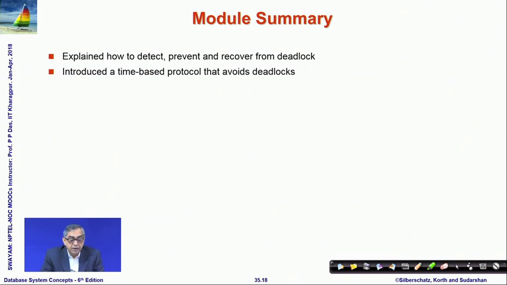So, to summarize, we have taken a look at the different ways to prevent deadlock, some of the strategies, and specifically we focused on the time based strategy. There are some strategies which are based on the order of accesses, ordering of data items and so on, and we have specifically focused on time based strategies and shown that there are multiple time based strategies which can prevent deadlock.